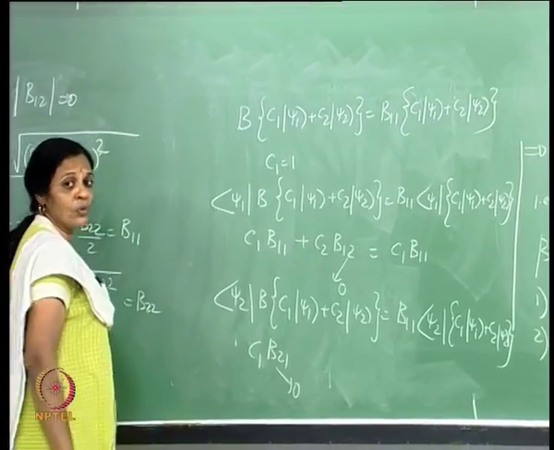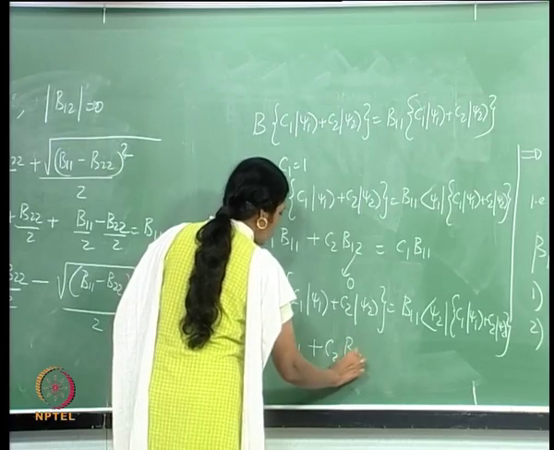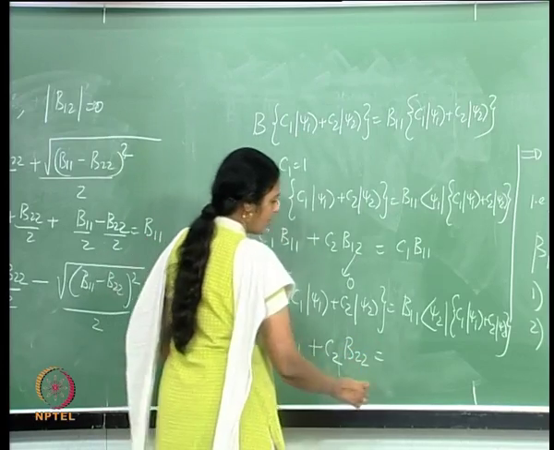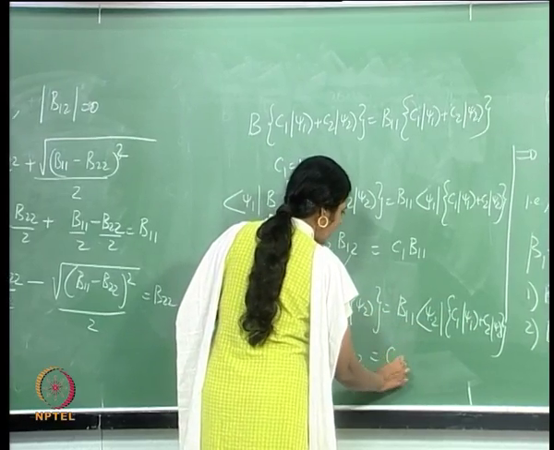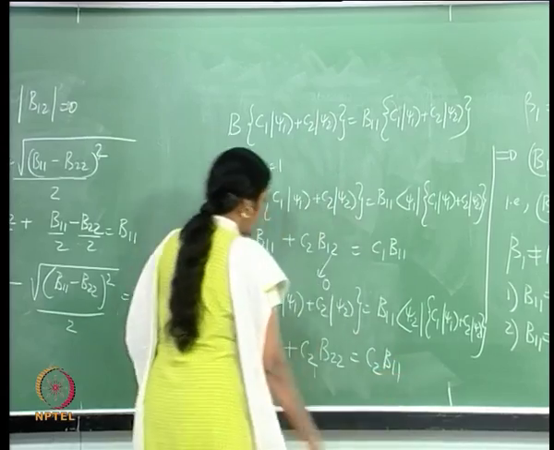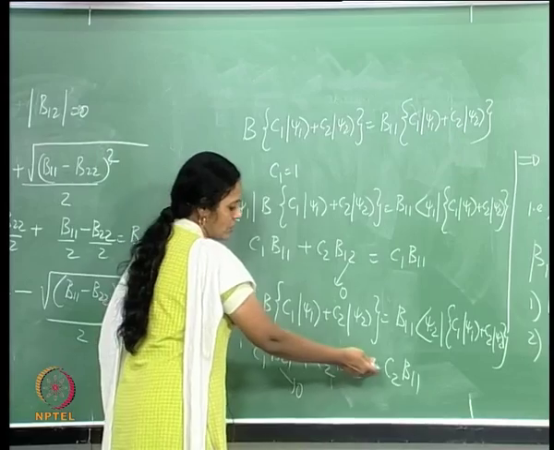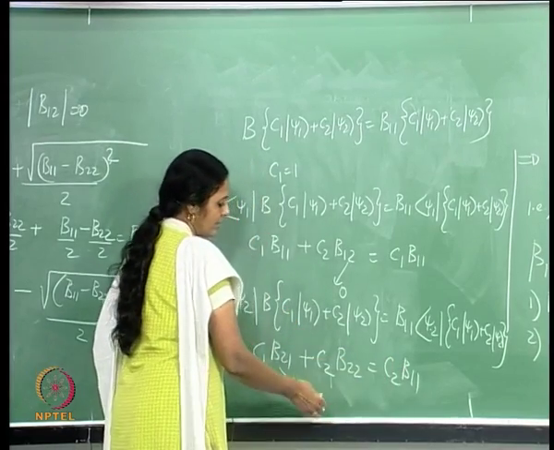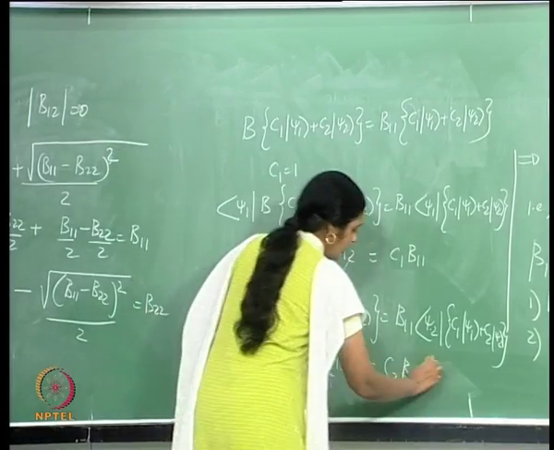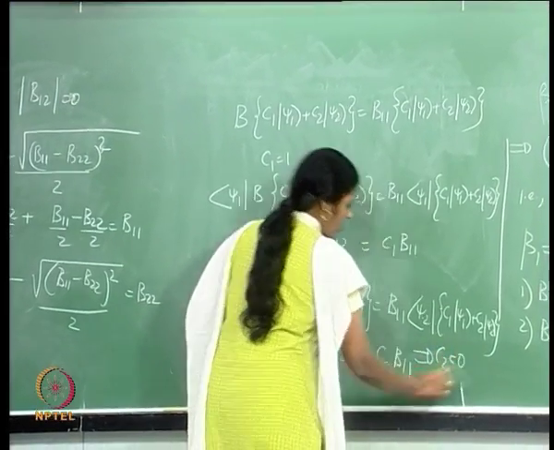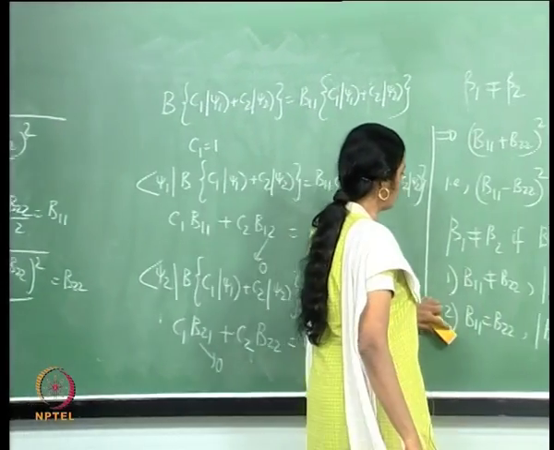If B12 is 0, B21 is 0, plus C2 B22. The first term is 0 because the psi 2 psi 1 inner product is 0, but the second term survives and that is C2 B11. If C2 B22 should be equal to C2 B11 and B11 is not equal to B22, it implies that C2 is equal to 0. In other words, I have established the following.